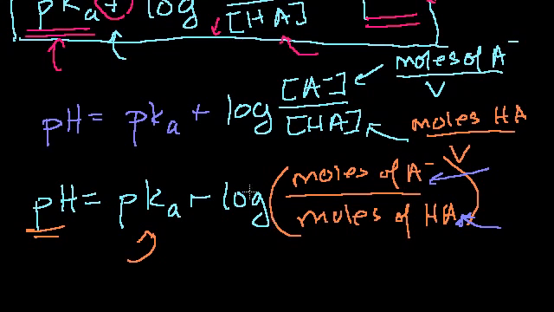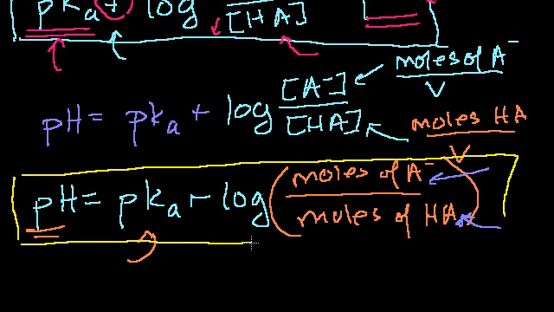Now, what's fascinating about that? That means that it's independent of dilution. It's independent of the volume. Nowhere in this formula, in no way when you have this buffer solution, is it dependent on volume, on actual amount of solution. So to me, that's slightly mind-blowing, and I encourage you to send me comments on why you think that makes intuitive sense.